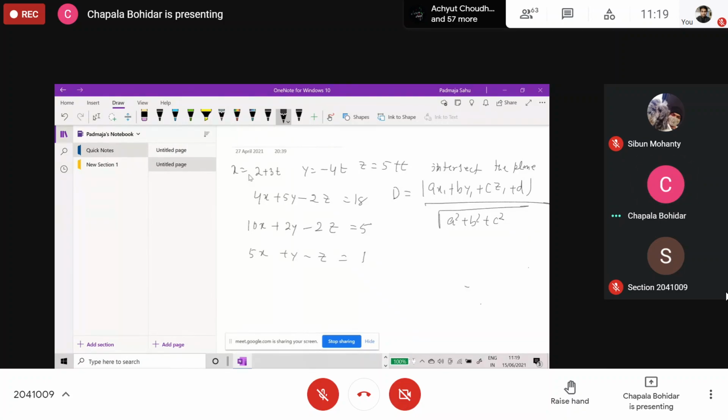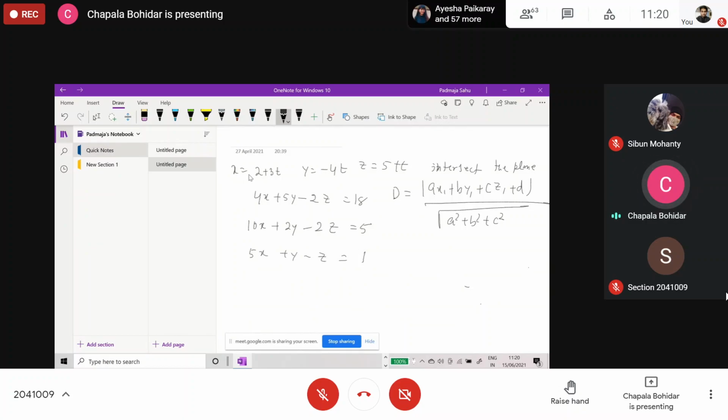Assignment questions: 23, 24, 55, 59. Find a plane through the point and perpendicular to the vector. You can write down 23, then 24, which is also the same: find the plane through the given point with the given normal vector.